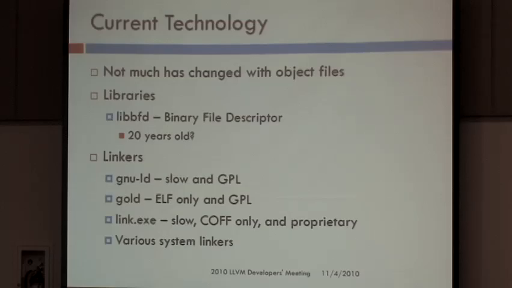As for linkers, we have GNU LD, which is slow and GPL. There is Gold, but that only works for ELF, and it is also GPL'd. And there's link.exe, which is slow, COFF only, and proprietary. And then we have the various system linkers that only work for specific hardware and specific operating systems, and the use cases they planned for.